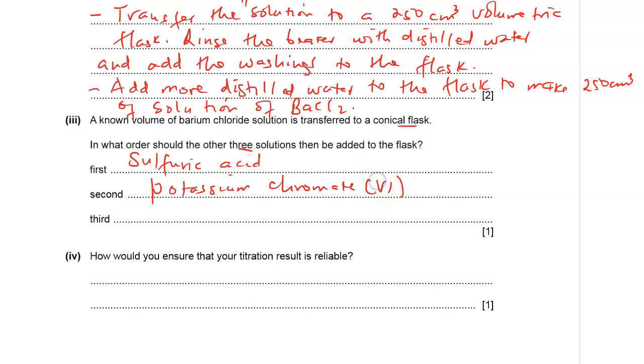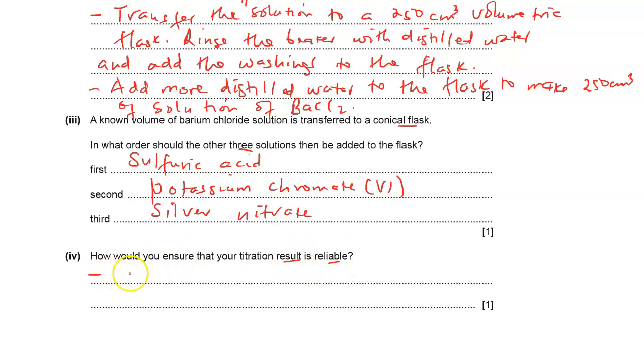Once the silver ions have taken away all the chloride ions, the excess silver will find the chromate 6 ions available, and then they will react to give us the end point. Then now you can add your silver nitrate. How would you ensure that your titration results are reliable?